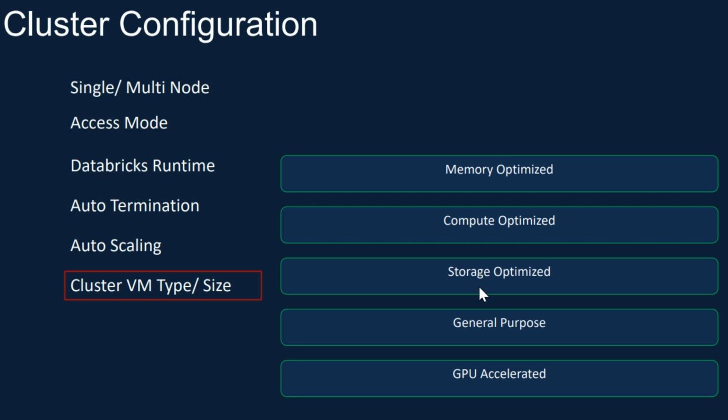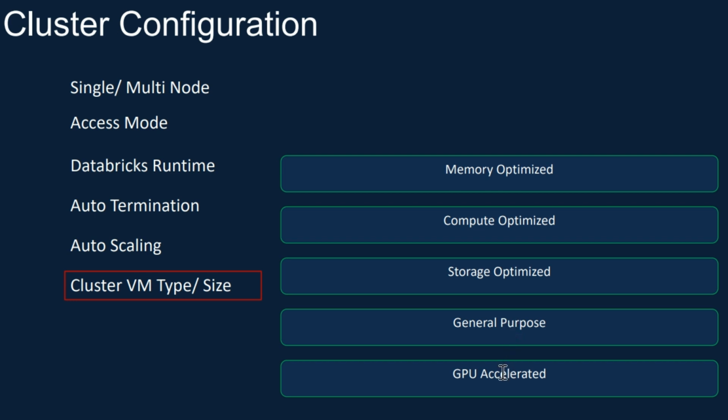And the third thing is storage optimized. The storage optimized instance types are recommended for use cases requiring high disk throughput and input output. The general purpose instance types are recommended for enterprise grade applications and analytics with in-memory caching.